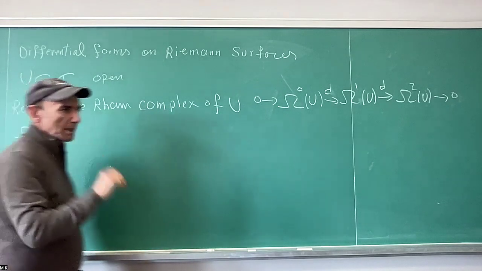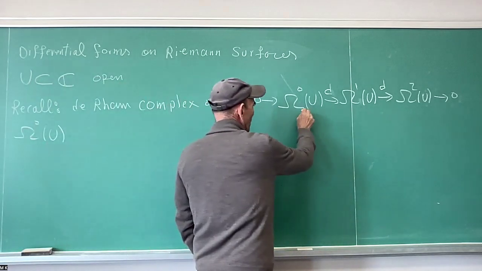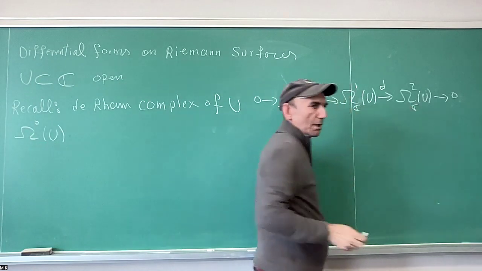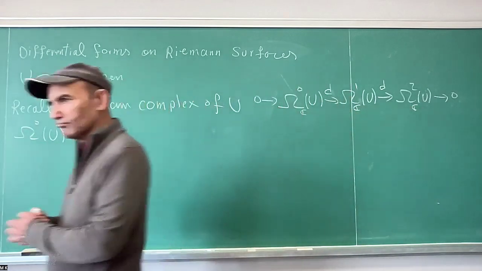By the way, as I said, sometimes people are careful enough to put C here, so it means that everything we take is complex valued.